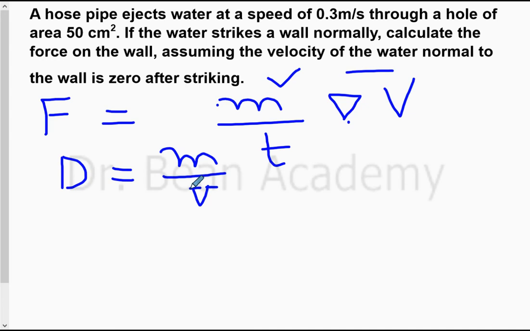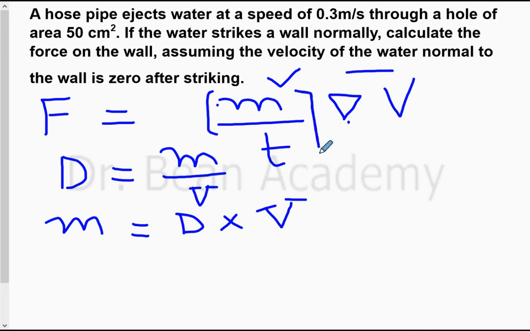So I can write it like m equals d, density, multiplied by volume, and I need to calculate m over t. Just see, because we are calculating the force by which the water will strike the wall, and to calculate the force we need to calculate m over t, because we already know the change in velocity, or we can calculate it easily, but we are confused about m over t.